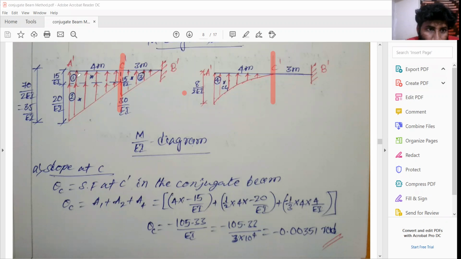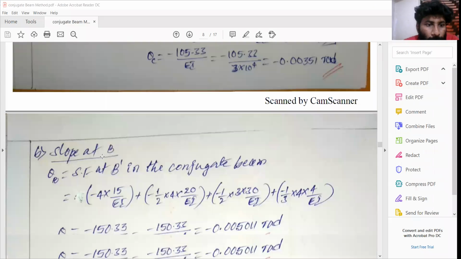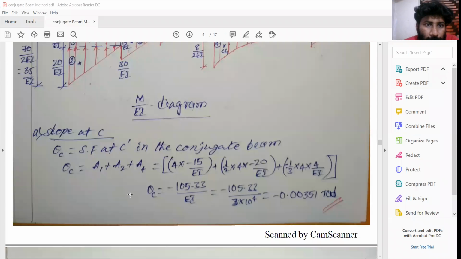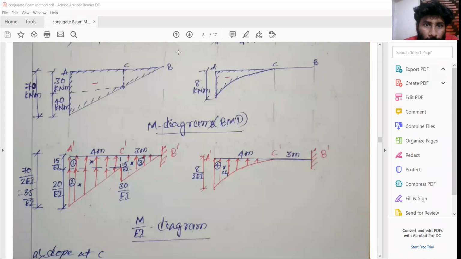Area 1 is 4 into minus 15 by EI, plus, sorry, it's a triangle, 1 by 2 into 4 into minus 20 by EI, plus here again it's a parabolic spandrel, minus 1 by 3 into 4 into 8 by 2EI, or 4 by EI. Simplify this and we'll get the value. Again, we'll move on to the next step. We want to find the slope at B. Slope at B means here we have to find the slope.